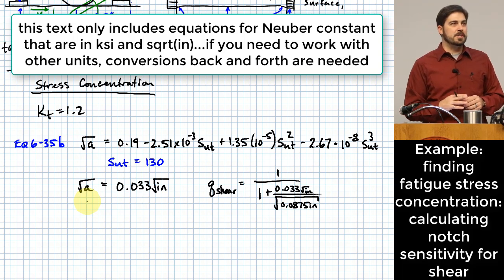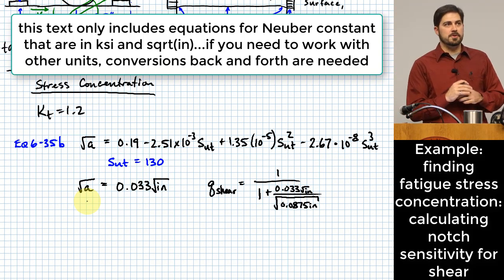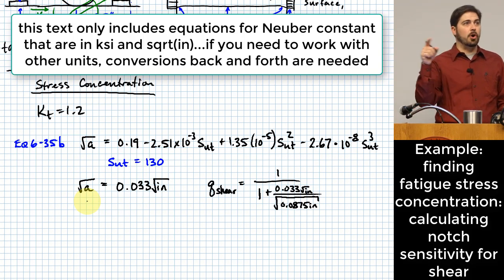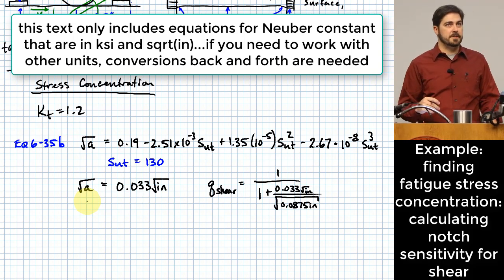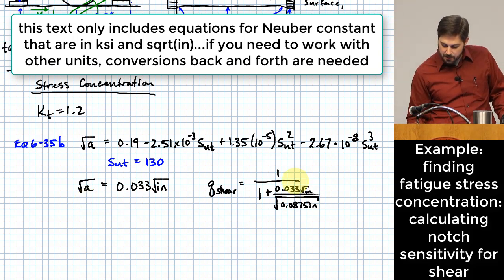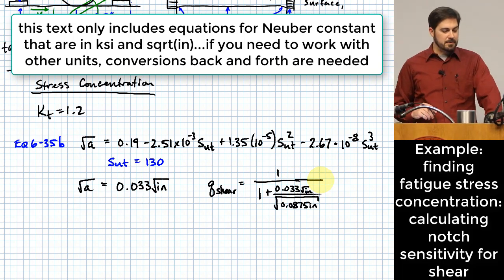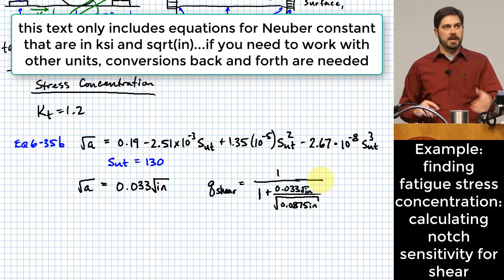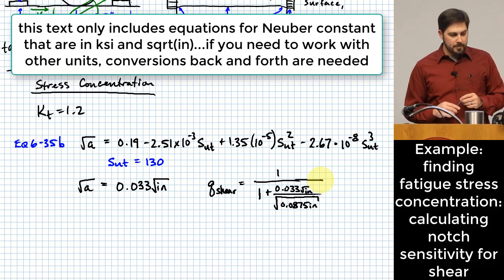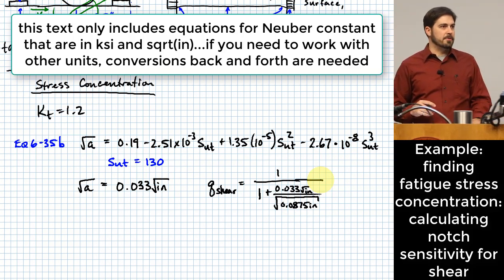You would get out square root of inches, and then you might have to convert square root of inches to the square root of whatever units you're using, meters or millimeters, depending on what value your square root of r is going to be, and those should be consistent. That is not to say that reference materials don't exist somewhere that give these equations in a form more suitable for the SI system, but that's how we have it. So if we're going to do an SI problem, we have to convert back and forth.